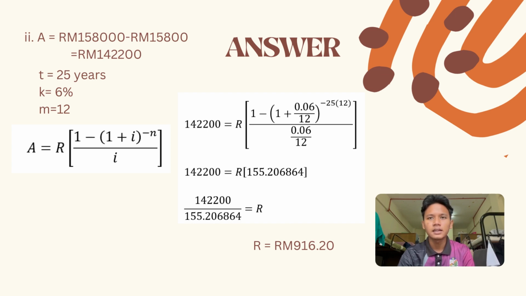After we use the calculator, we got 142,200 equals R open bracket 155.206864 close bracket. So 142,200 divided by 155.206864 equals R. So the final result is R equals 916.20 ringgit.